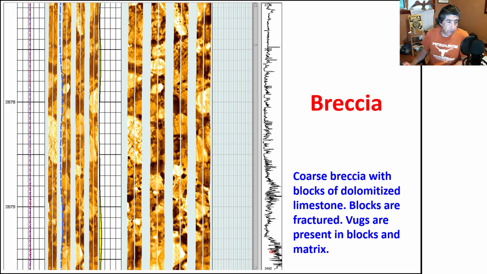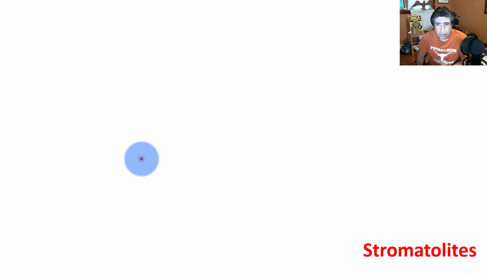And here is another plot of a breccia and borehole images. The most interesting, striking property of these breccias is that we have a lot of dolomitized limestone, and some of the blocks are so large in the breccia that they're even fractured, or they have their own pores within them. And that's incredibly important information to quantify the transport and storage properties of these rocks.